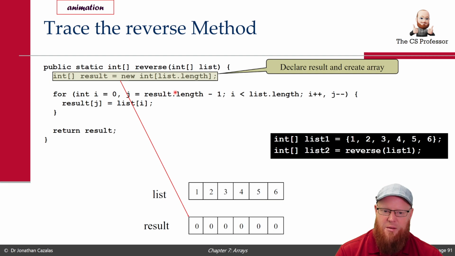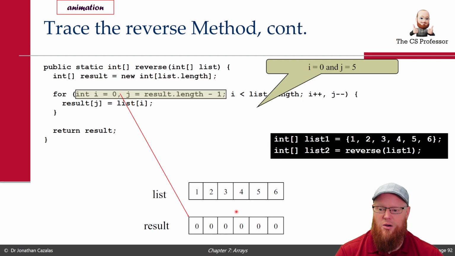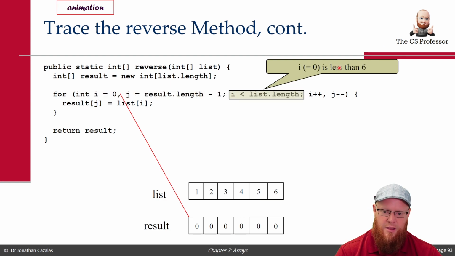So what actually happens? Well, the first thing, as I mentioned, we're going to declare this array called result of the exact same size, and of course it defaults to 0. Done. Now we have these initial actions. i is 0 and j starts at result.length minus 1. So i is 0 and j is going to start at index 5. Now we have i, make sure it's less than list.length.